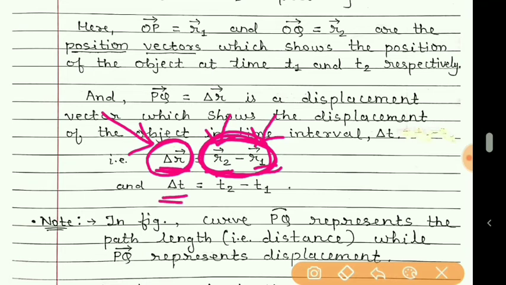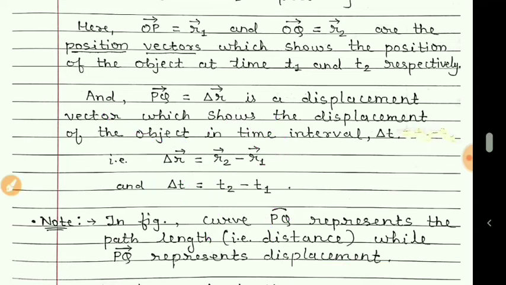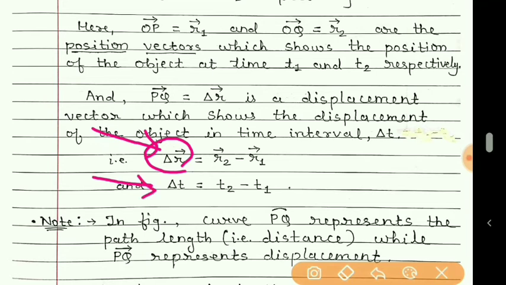Similarly, delta t, that is the difference in time, final time minus initial time, gives the difference of the time. So students, remember, this displacement is a vector quantity, but time or difference of time is a scalar. So there is no vector sign on this time.